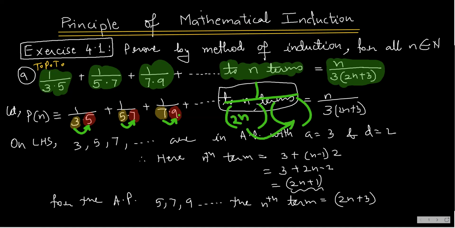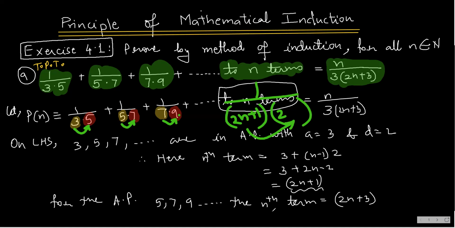Now here I have 2n plus 1 as I found it, so this would be 2n plus 3. So I did it directly. If you want, for the second factor you can proceed as we proceeded for the first factor. So you can do it the way you want.